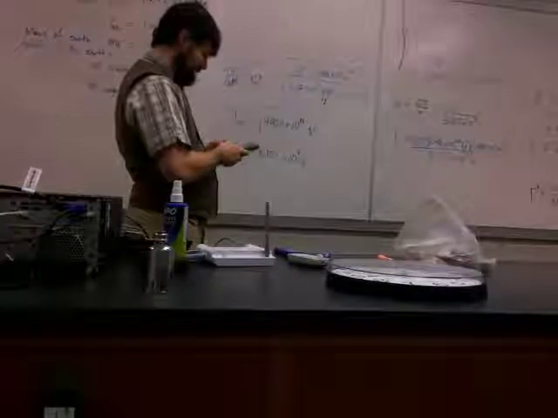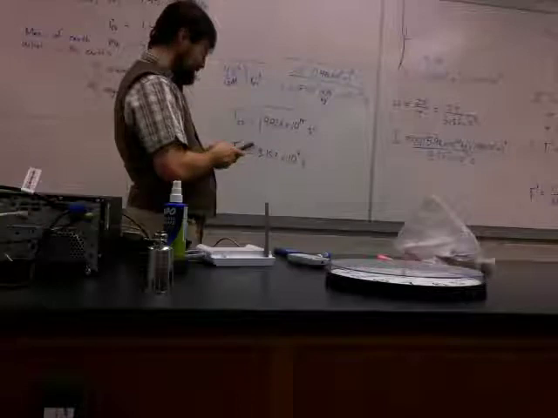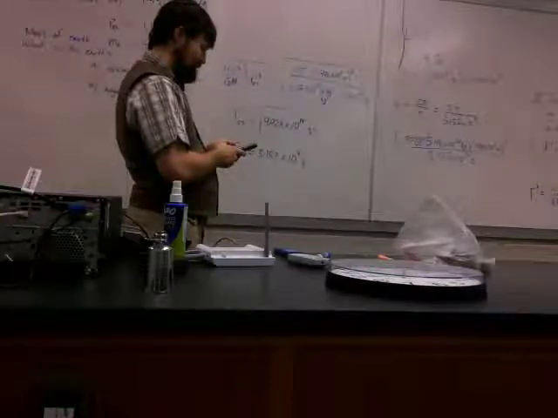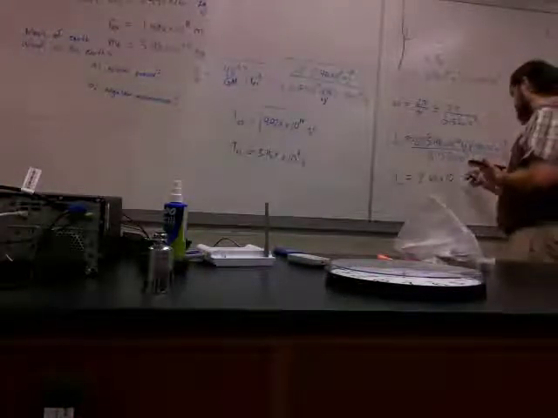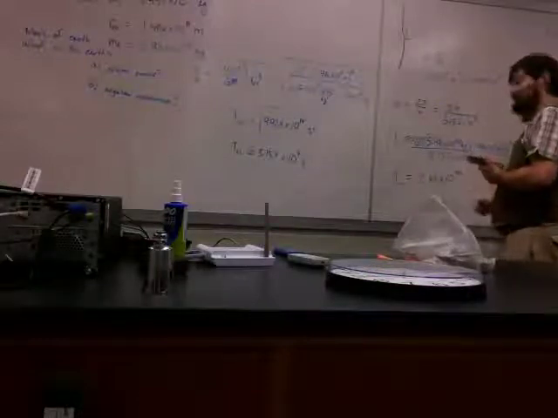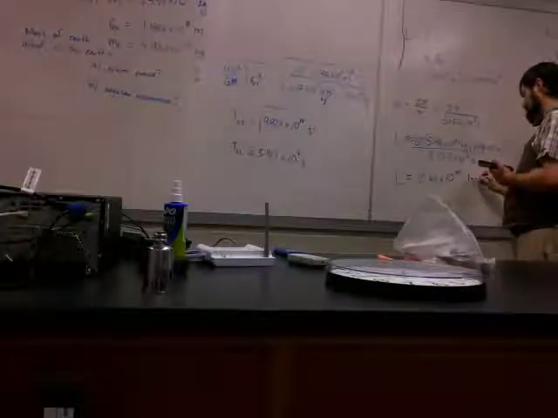Pi times 5.98 times 1.496. What we end up with is L equal to 2.66 times 10 to the 40. And the units for this are joule seconds.